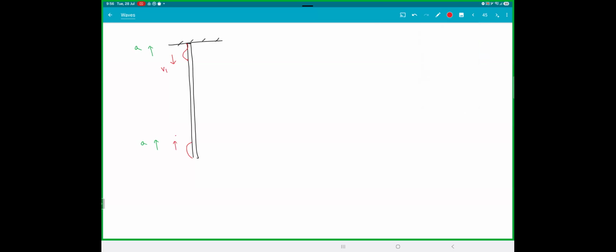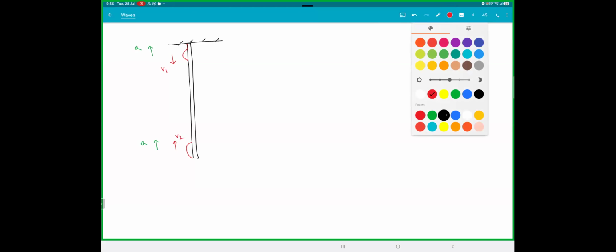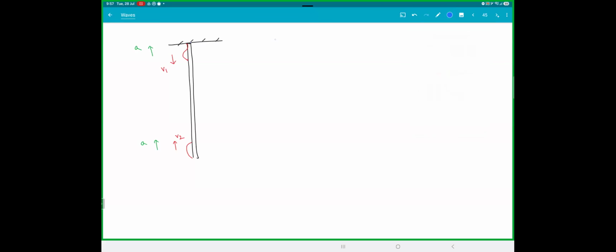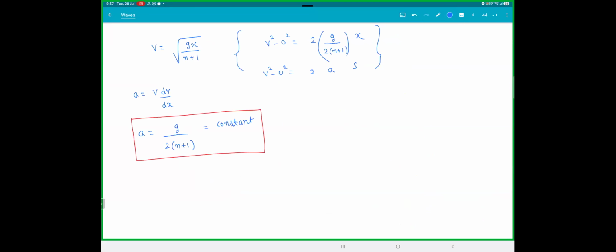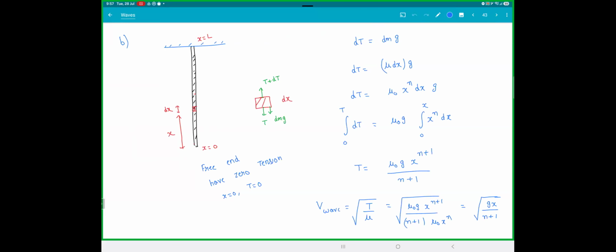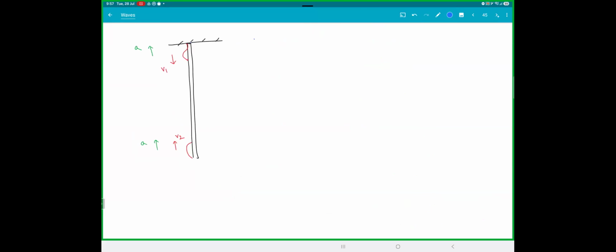So for the tension at the topmost point, you just need to put x is equal to L here. Or you can say wave speed at the top, v is equal to root over g into x by n plus 1. This is your wave speed.